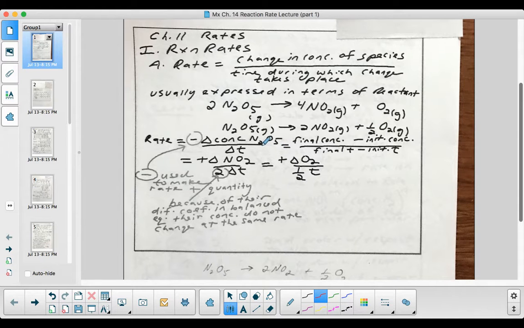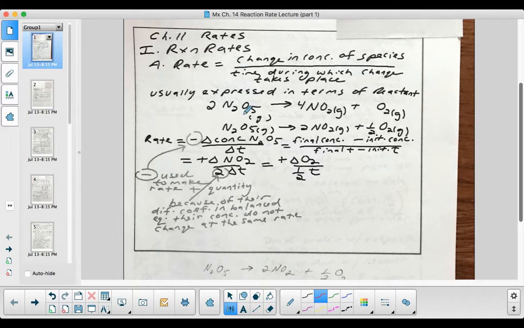And then when I describe my concentration, it's the change in the concentration of the N2O5, but it's also the change in the concentration of the NO2. But because of the different coefficients in the balanced equation, their concentrations don't change at the same rate.